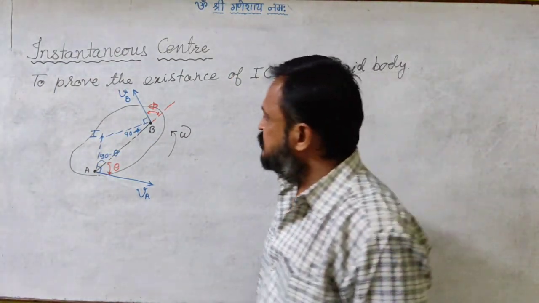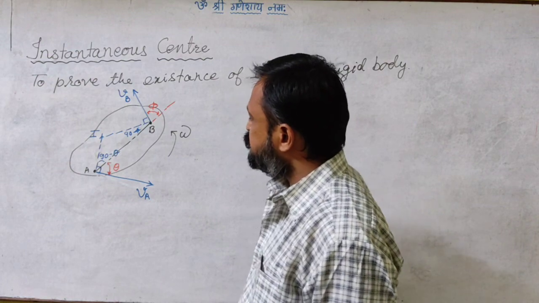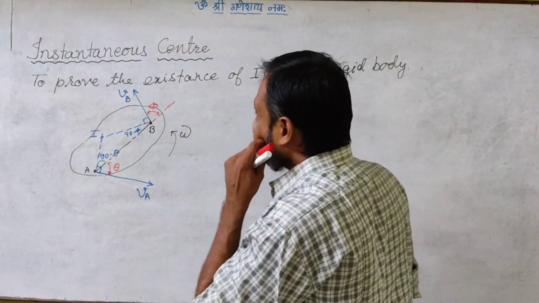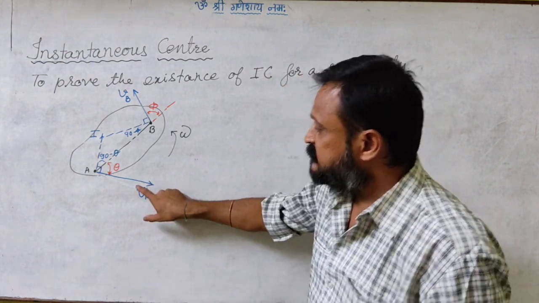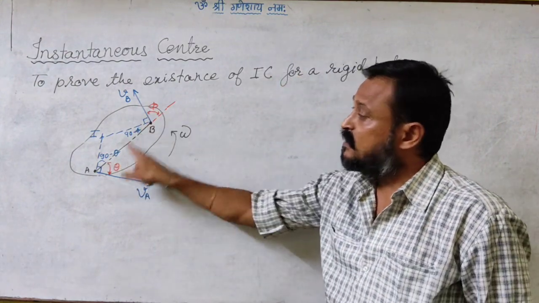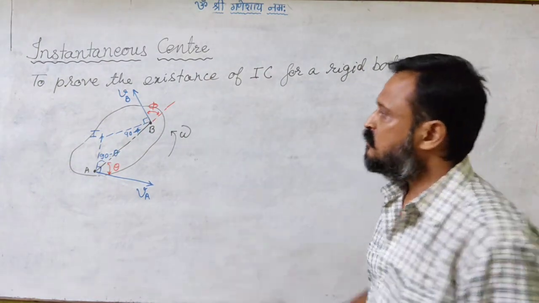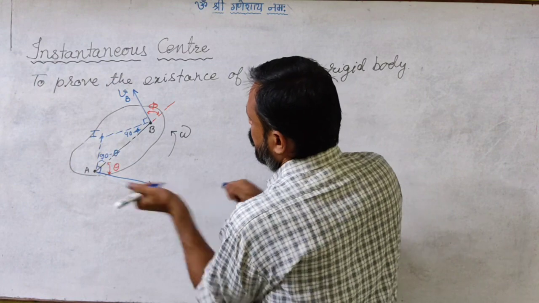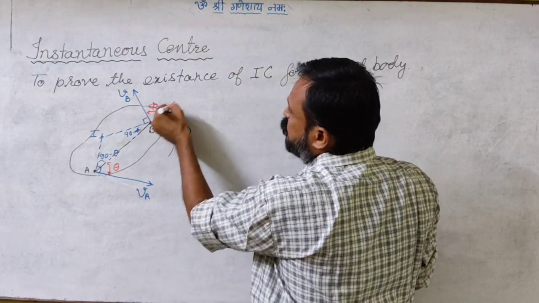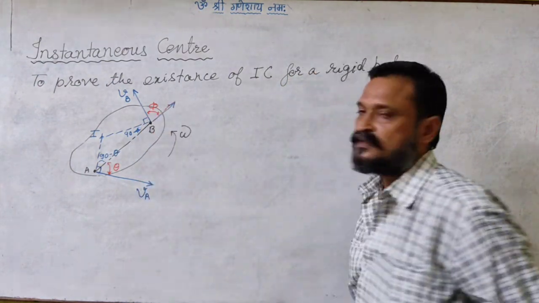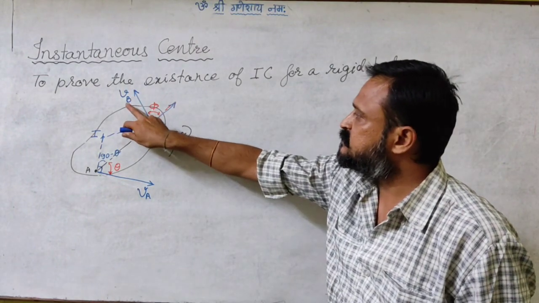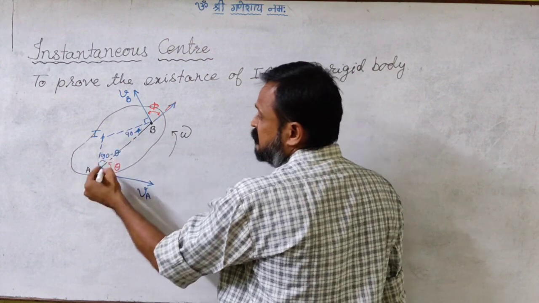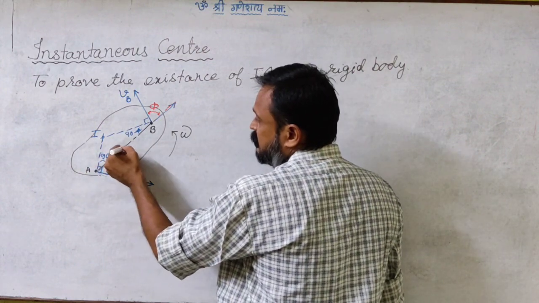Now let us talk about these two velocity vectors. If we see the components of these two velocity vectors along the line AB, this is one component of velocity vector VB, and along the line AB this will be the other component.